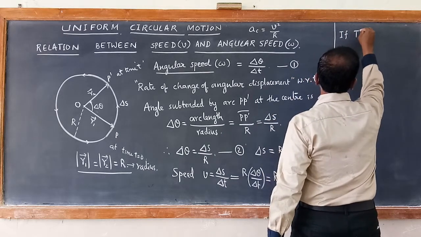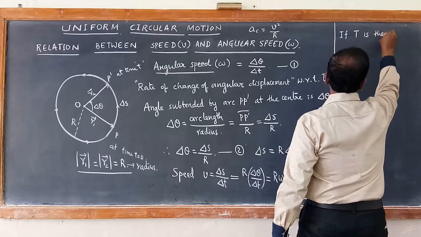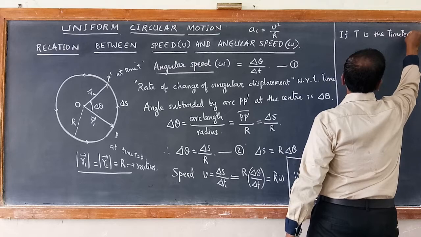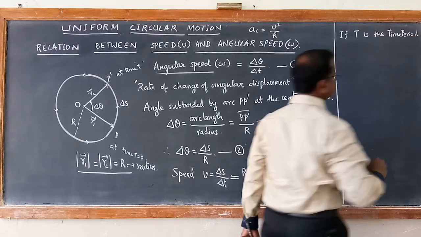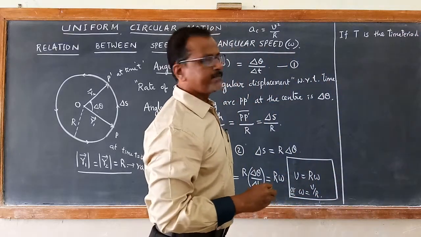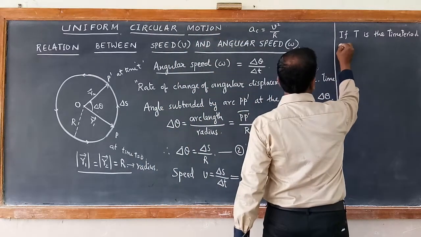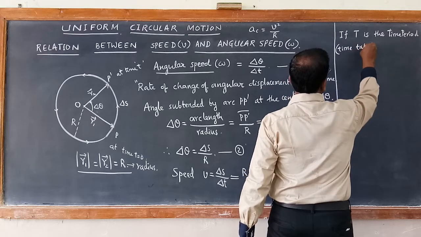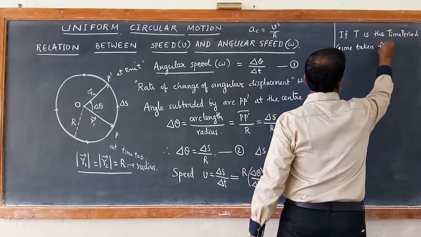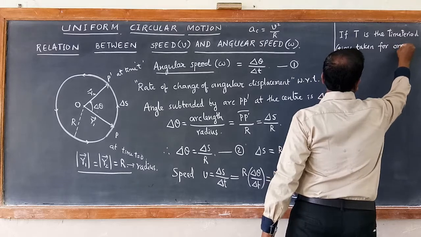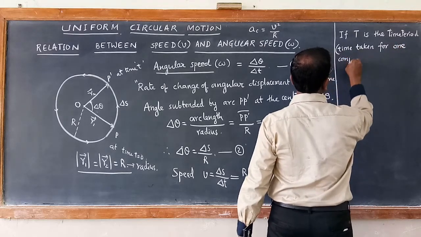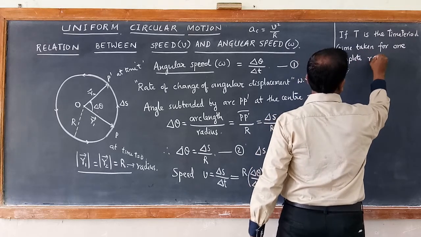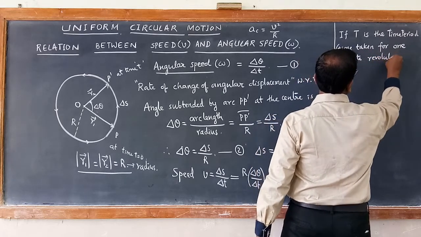If T is the time period, what is time period? You can write in the bracket. Time taken for one complete rotation or revolution, for one complete revolution.